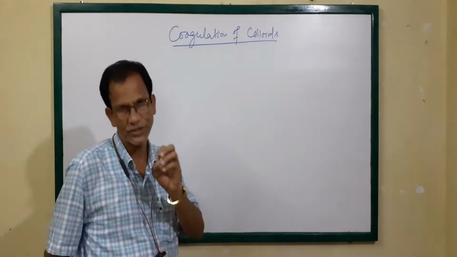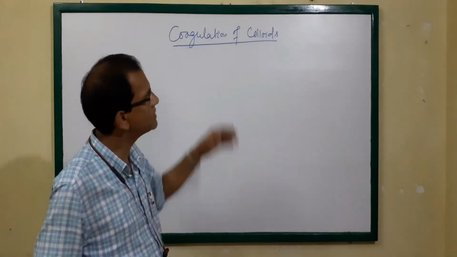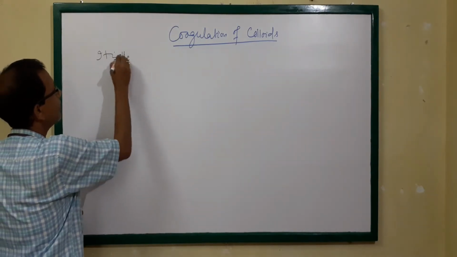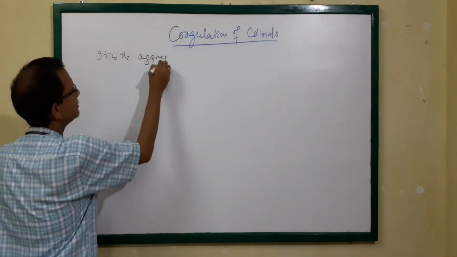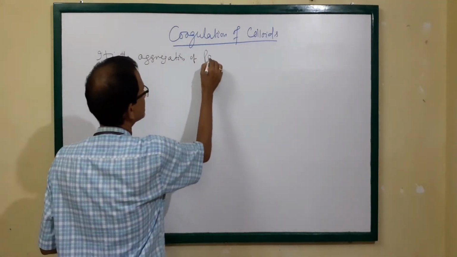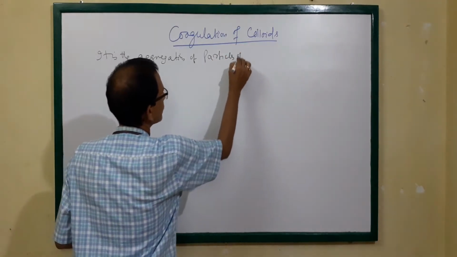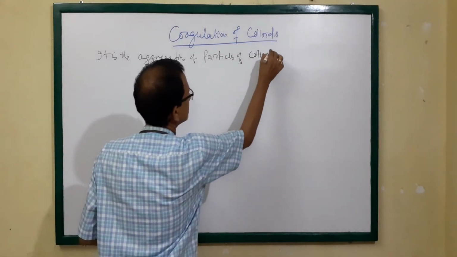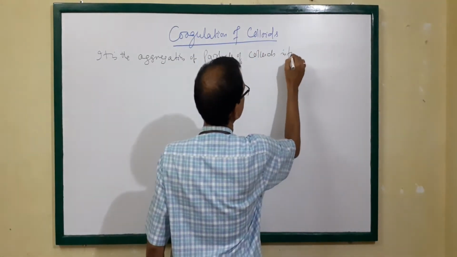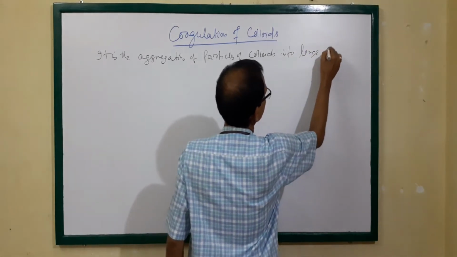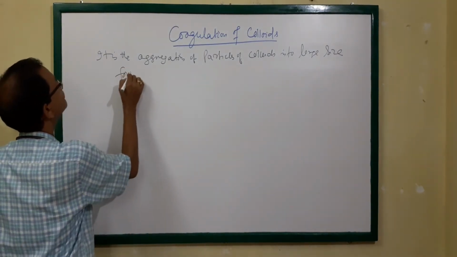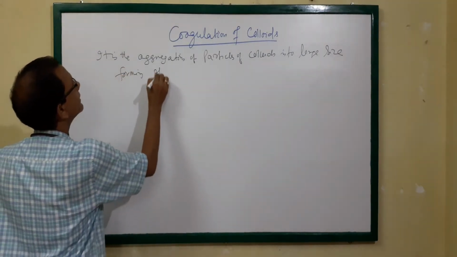This is called coagulation. That means it is the aggregation of particles of colloids into large size, forming precipitate.